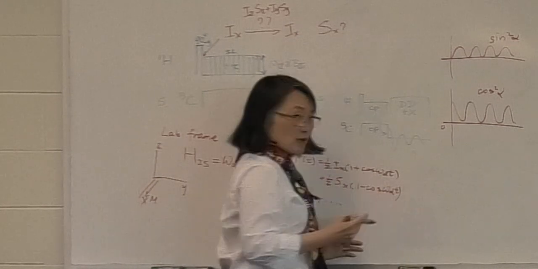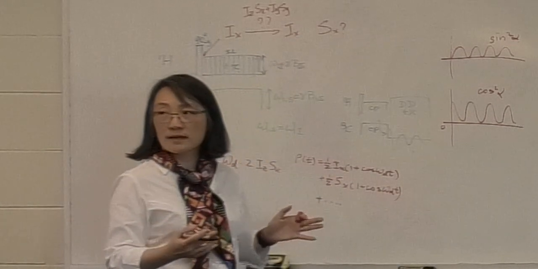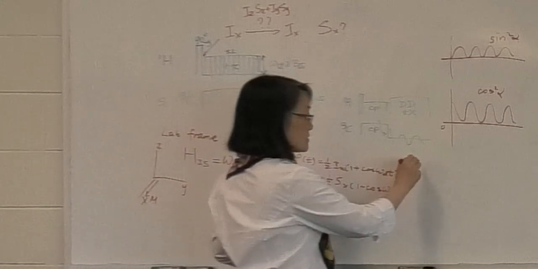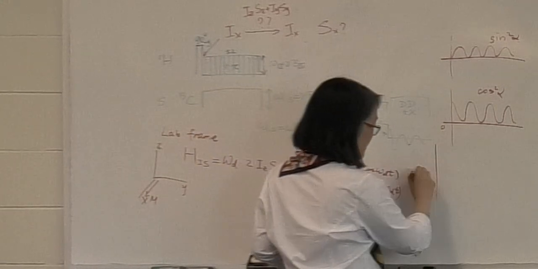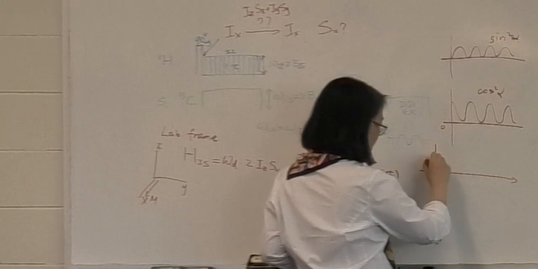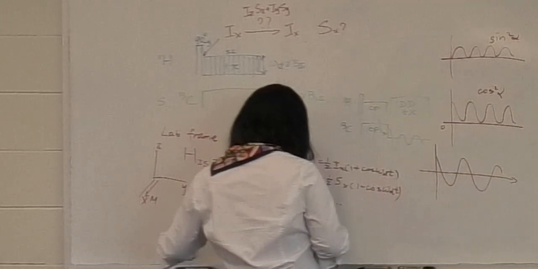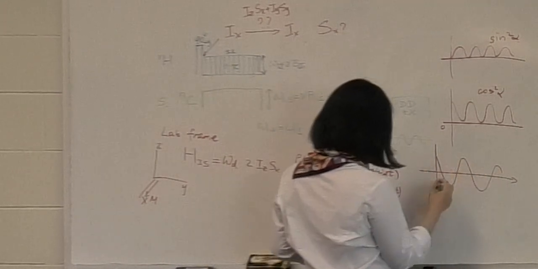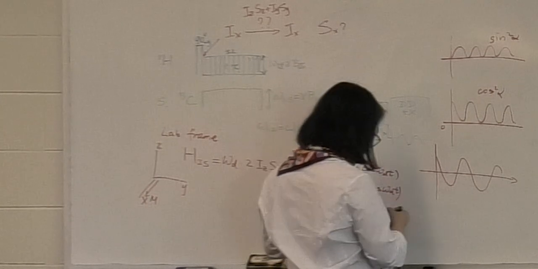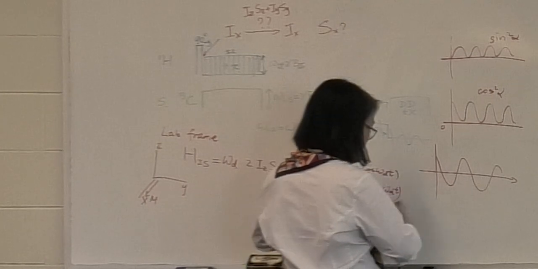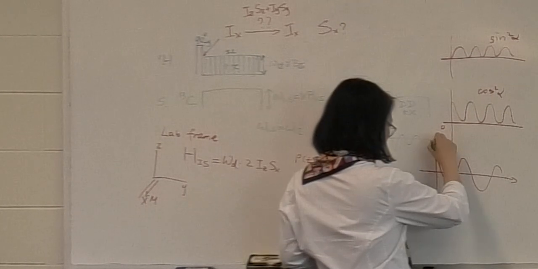So, okay, what's 1 plus cosine and then half? All right, so again, I can draw geometric sinusoidal oscillations. Cosine starts like this. And if you do half of it, well, first you have to add this. Let me shift this whole thing.